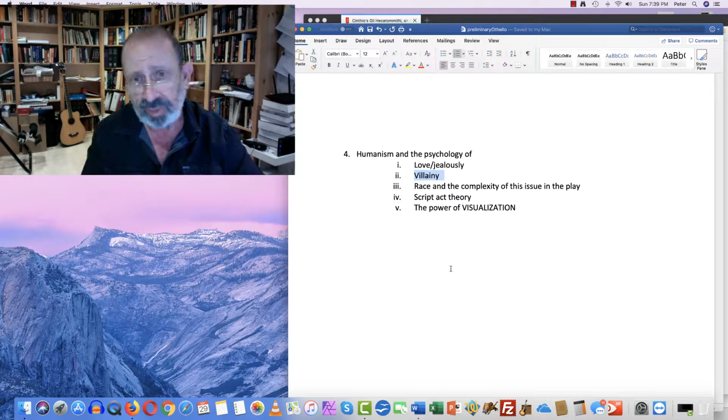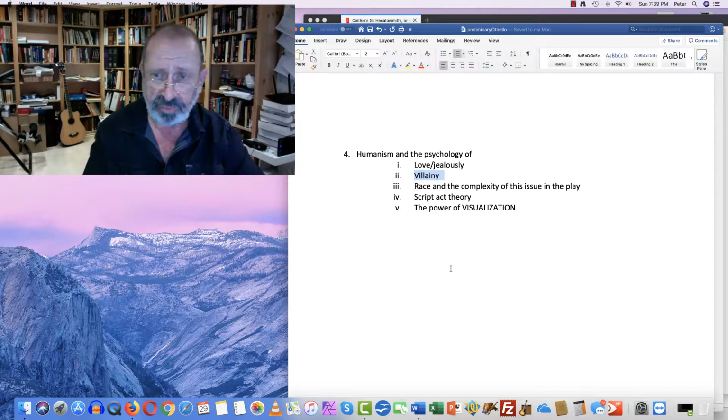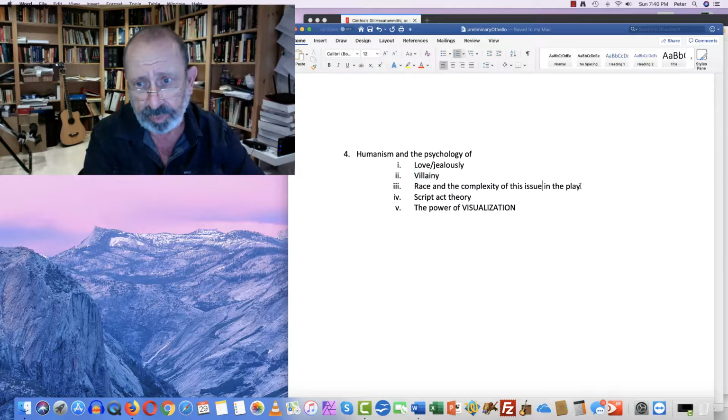That should be even more frightening than an evil that is personal and vindictive. This is just victimization for the sake of victimization. There's also the possibility that, of course, Iago's villainy is driven by racism, which, as I'll talk about in a minute, is a very complex issue in this play.